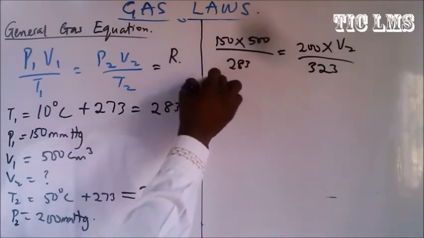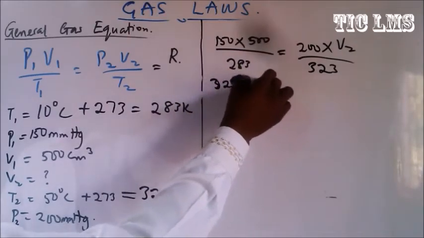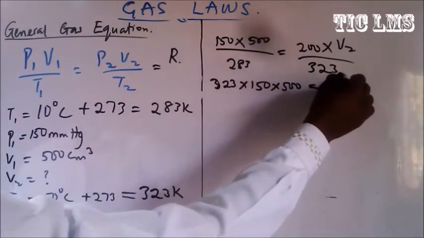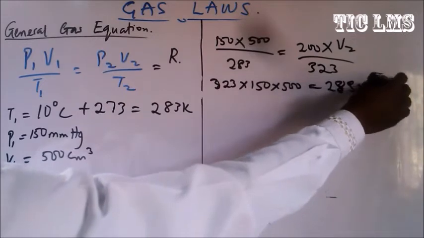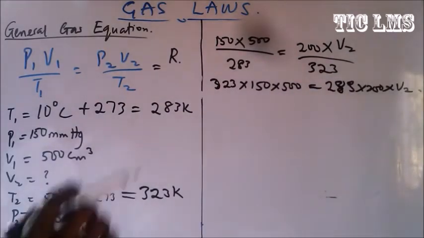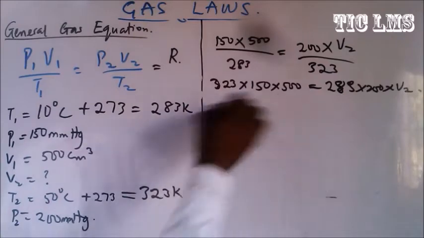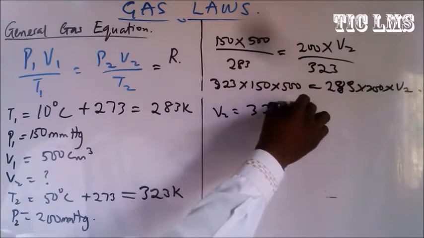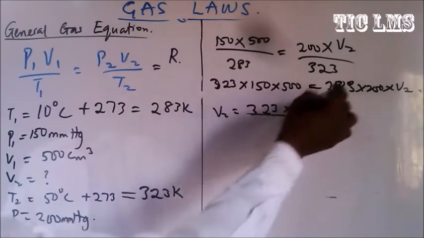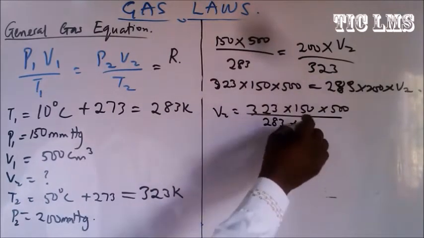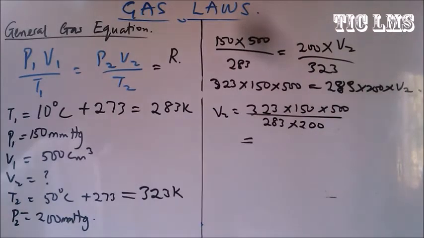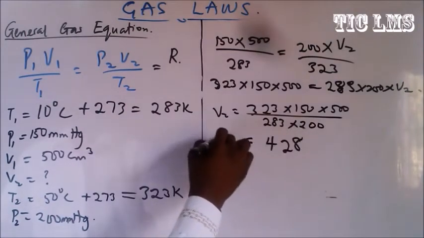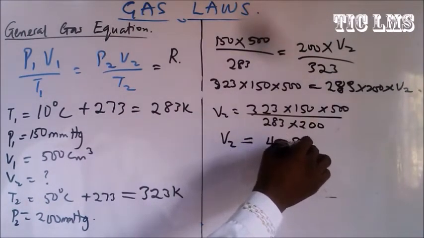So we have 323 multiplied by 150 times 500 equal to, this multiplies this, so we have 283 multiplied by 200 times V2. Now with this, we'll make V2 the subject of this formula, where we have V2 equal to all this, 323 multiplied by 150 times 500 divided by 283 multiplied by 200. When we multiply all this out, we'll have 428 as the final volume.